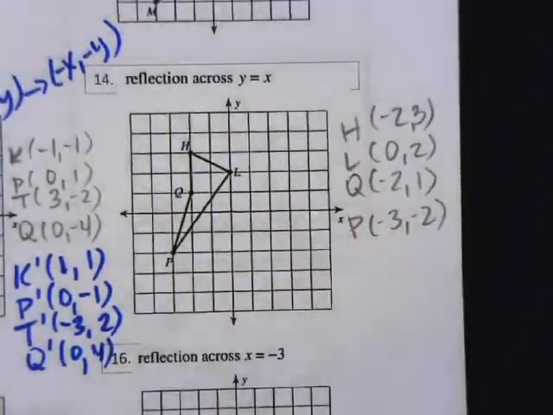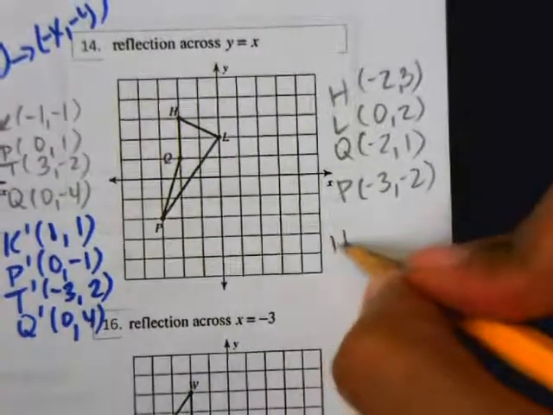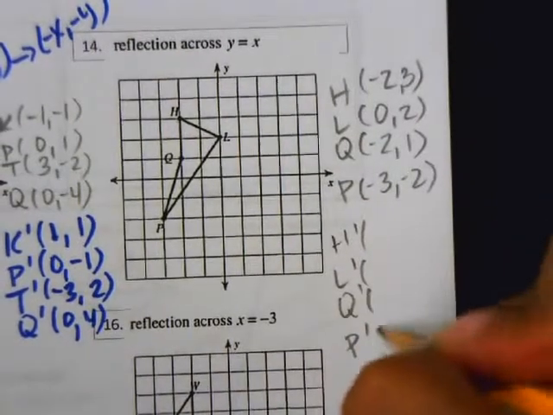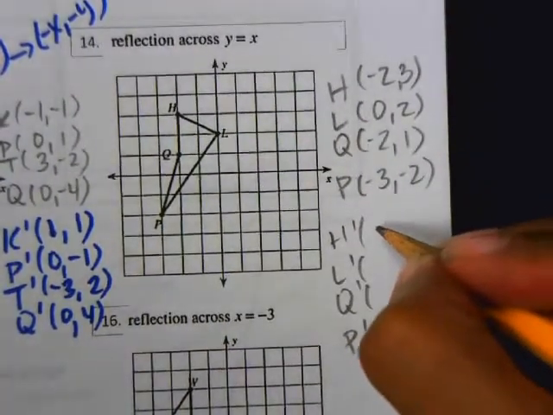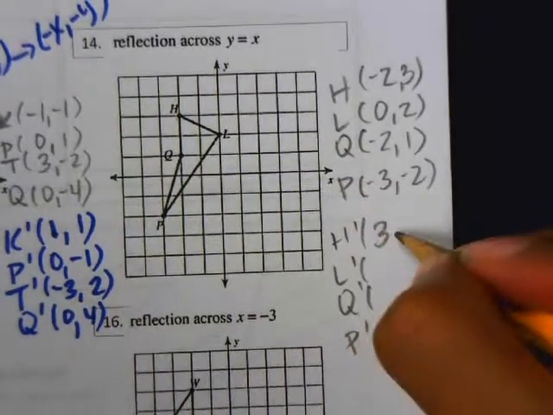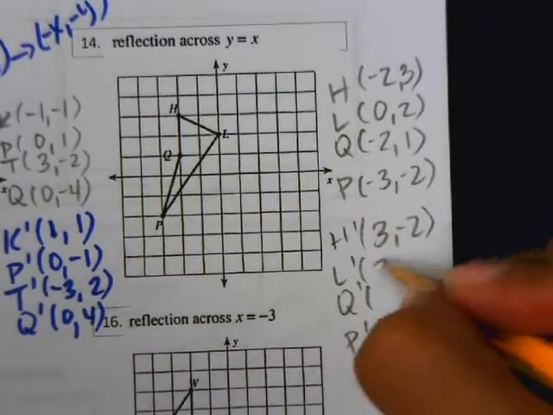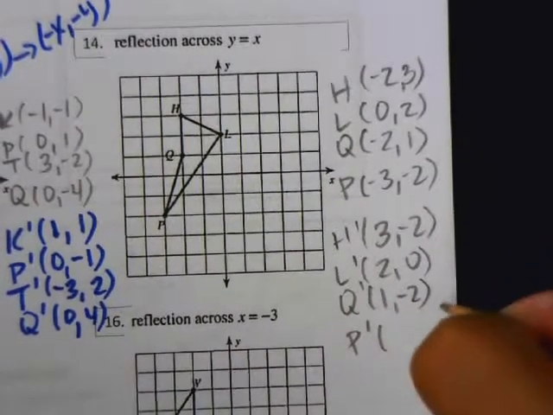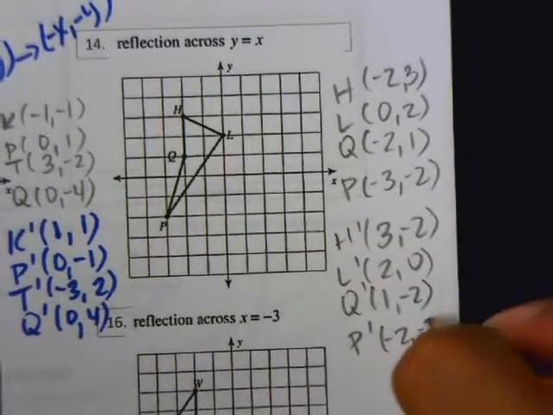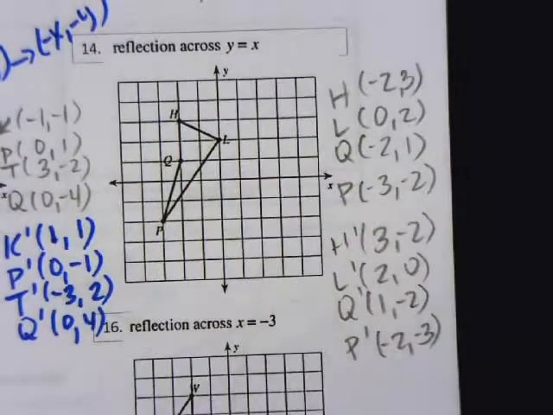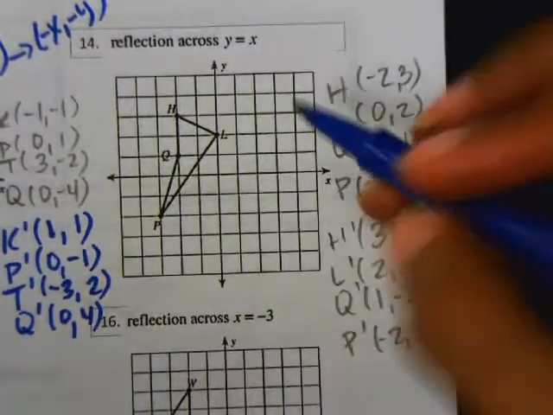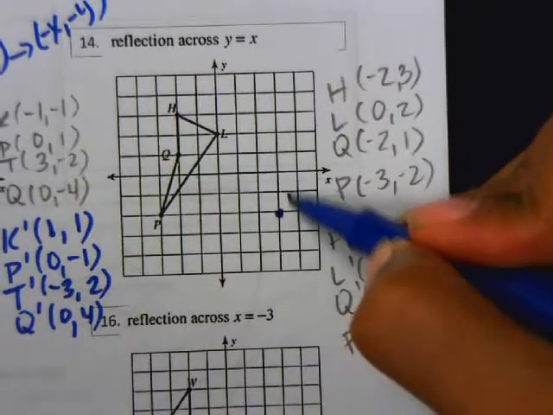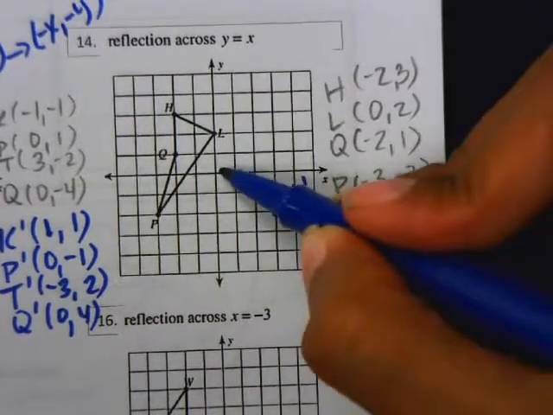Alright, so H prime is going to be 3, -2. L prime is going to be 2, 0. Q prime is going to be 1, -2. And P prime is going to be -2, -3. Okay, so we graph those. 3, 2. So that's H prime. 2, 0, that's L prime. 1, negative 2, that's Q prime.